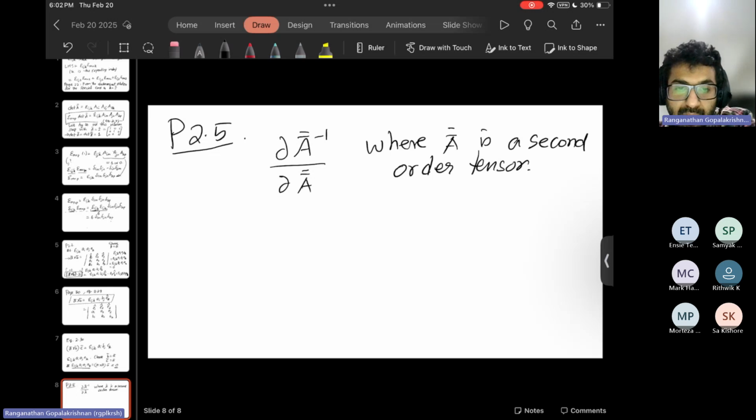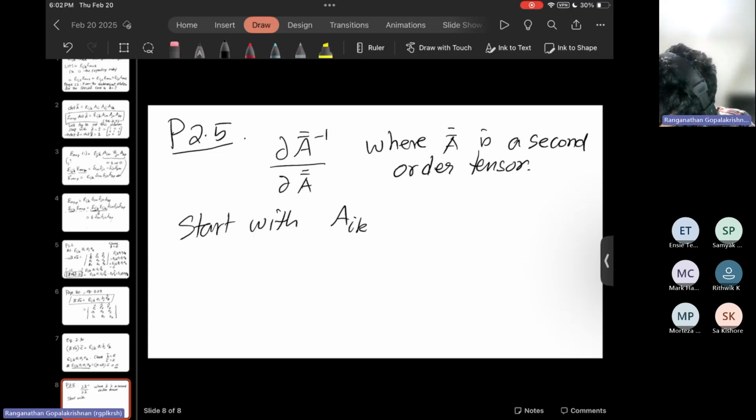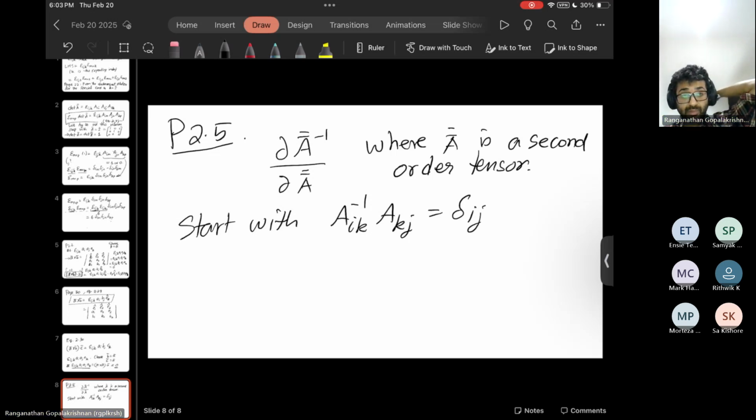And they also give a hint: start with the identity A inverse IK, AKJ equal to delta IJ. That is the hint that they provide. Okay.